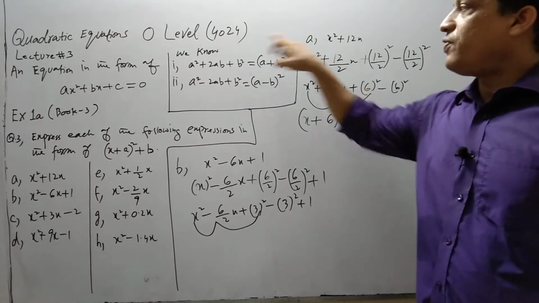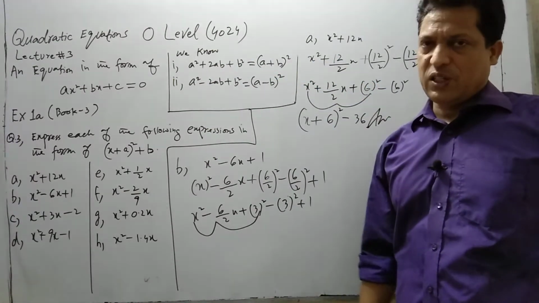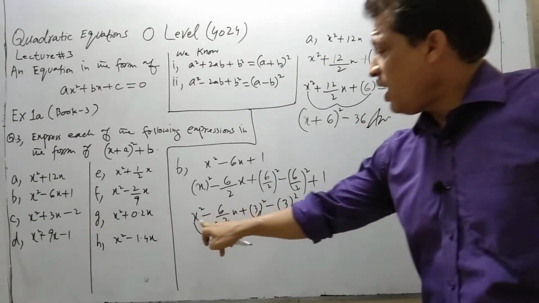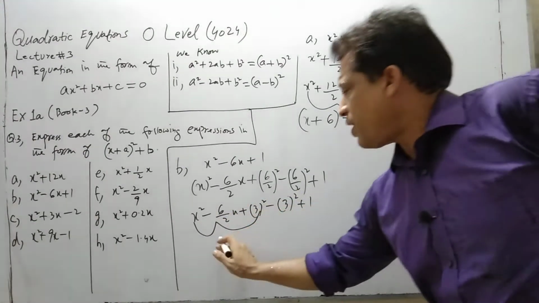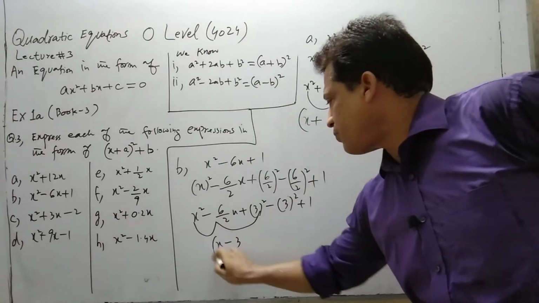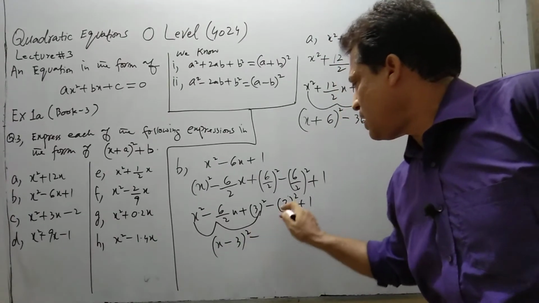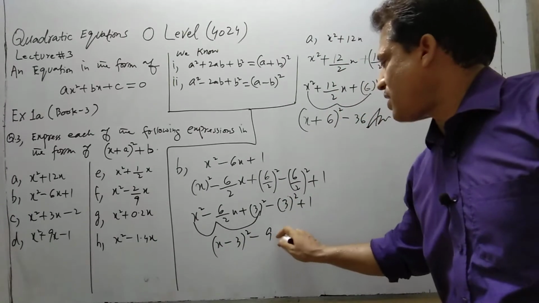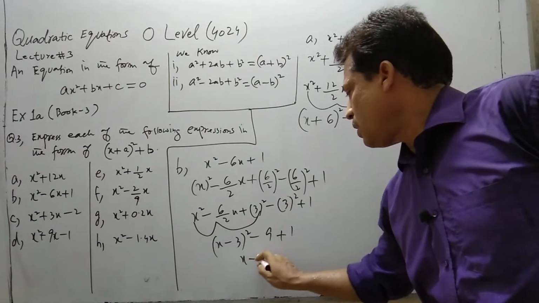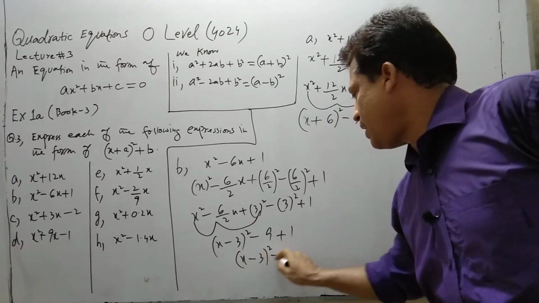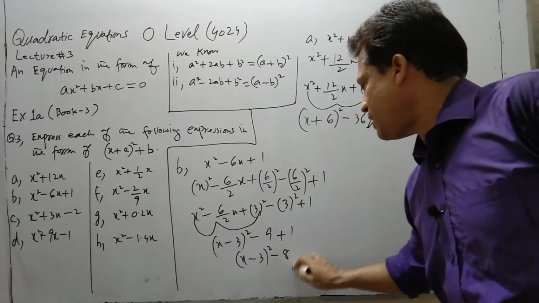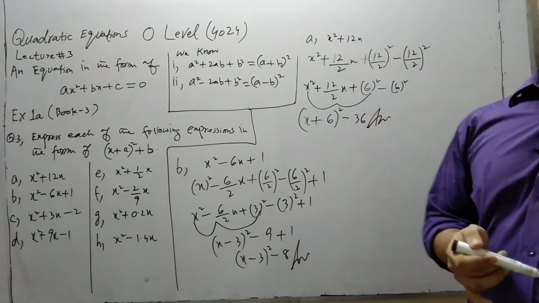If this sign is plus, we have to apply a square plus 2ab plus b square. So a square minus 2ab plus b square is (x minus 3) square. 3 square is 9. 9 plus 1. (x minus 3) whole square, 9 minus 1 is minus 8, which is your answer.